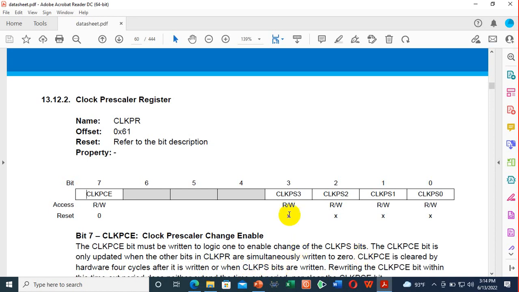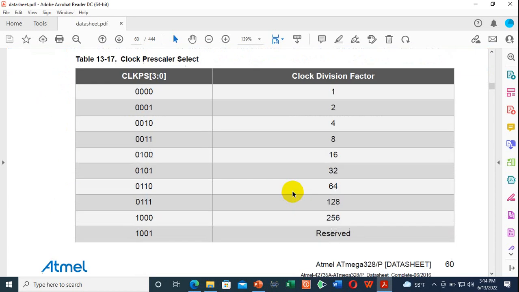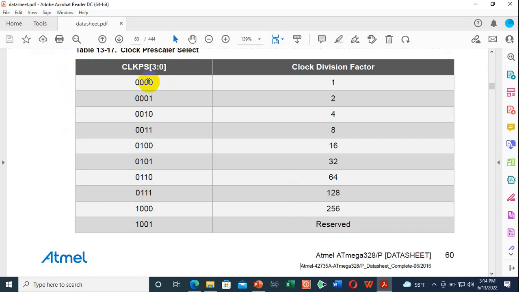so look at over here, bit positions 0, 1, 2, 3, the 4 bits over there. Okay, and what sequence do we get from the 4 bits? Depending on the 4 bits, these define the clock division factor you can use. 1001 is reserved.